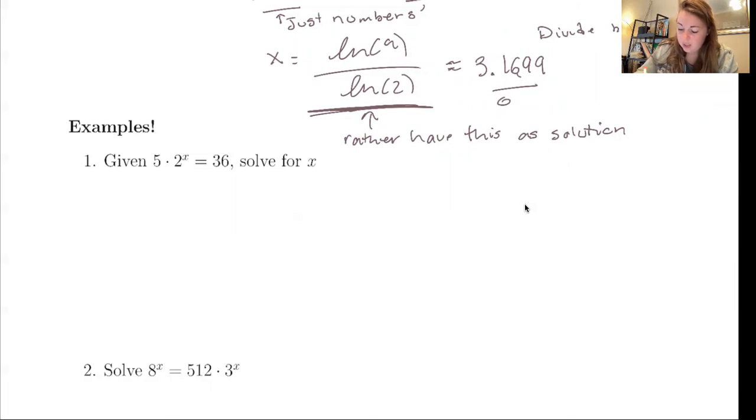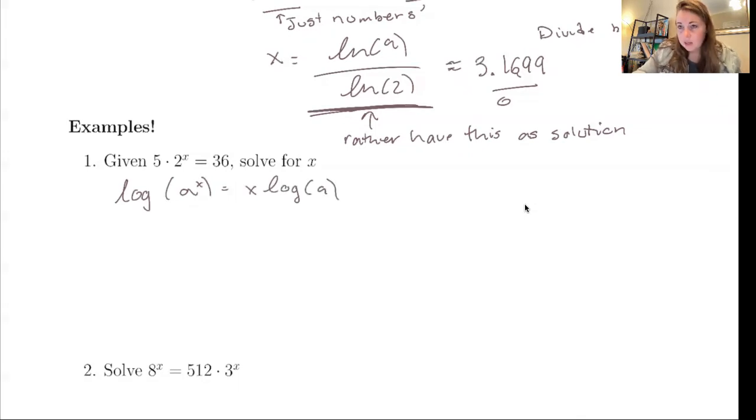So we just had 2 to the x equals 9, and we ln'd both sides, but now I have this 5 involved. It's in front. The third law says that log of a to the x equals x times log of a.